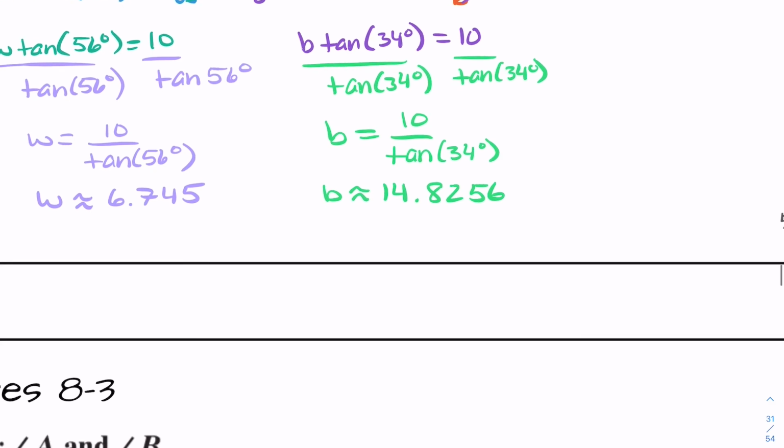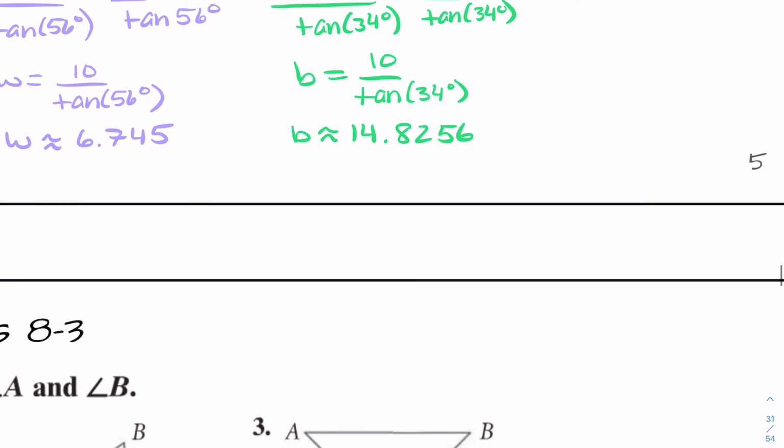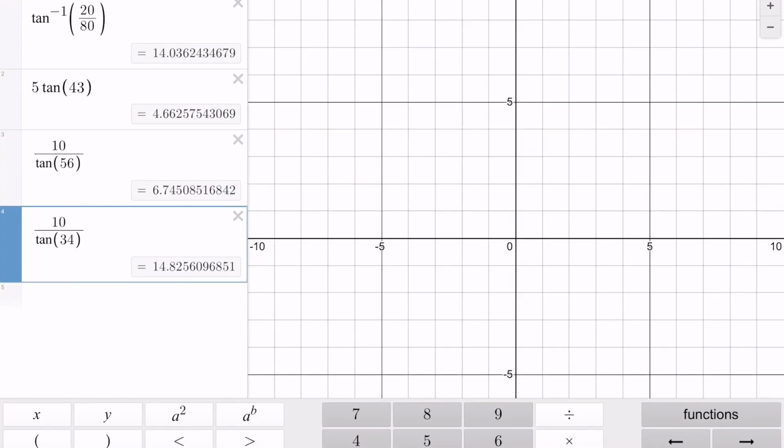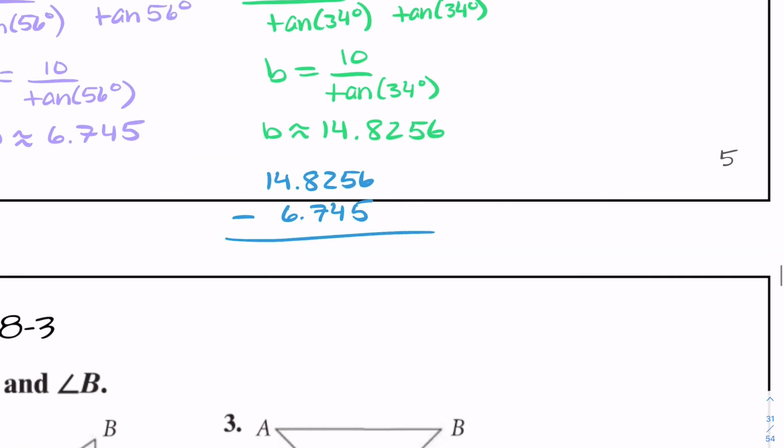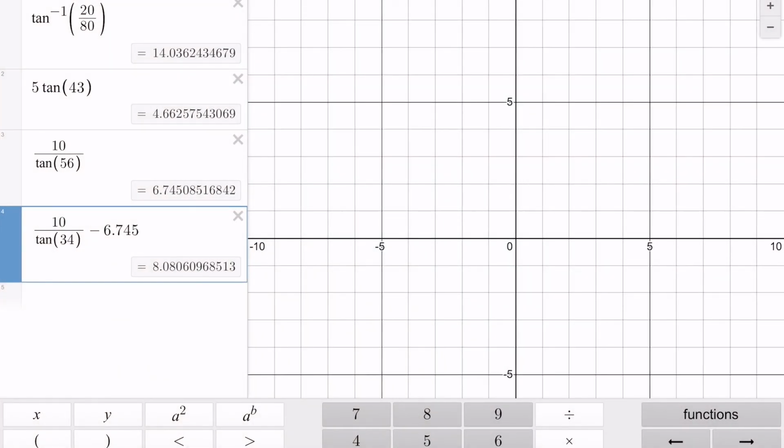Okay. And now what I need to do is 14.8256 take away 6.745. And I get 0.808. Oops, 8.08.